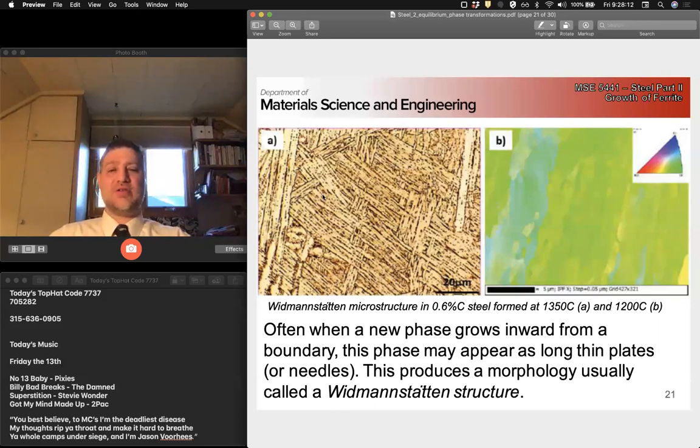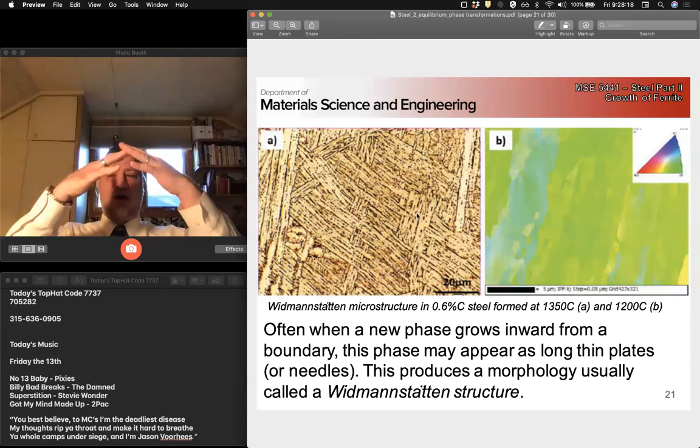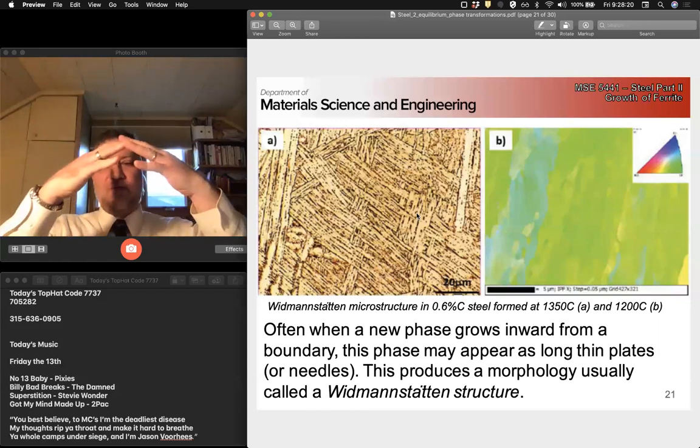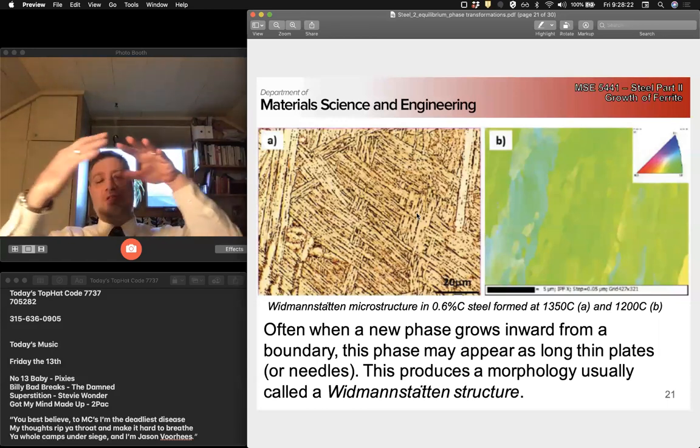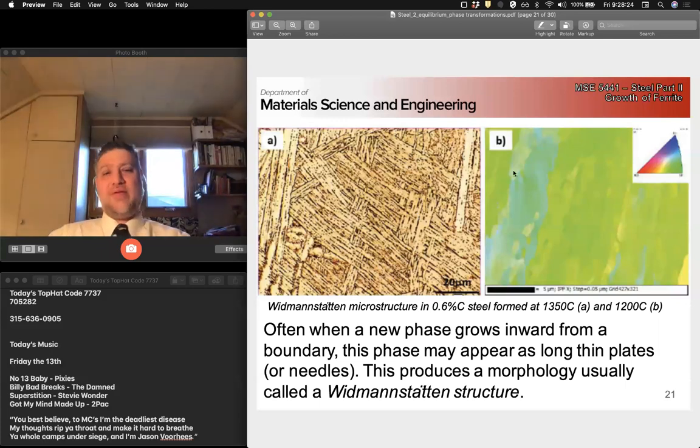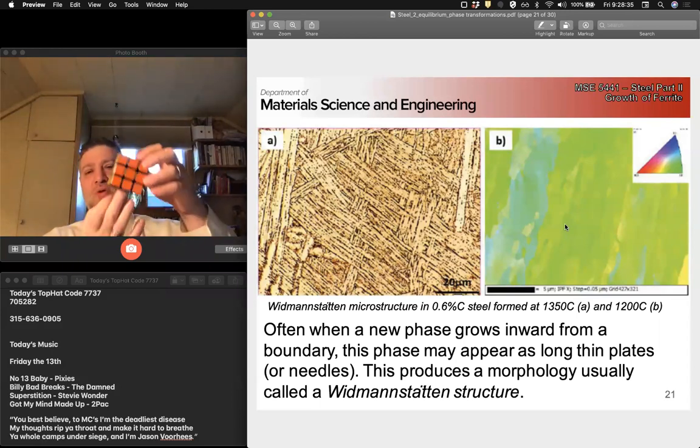So this is very close actually to a single crystal, even though it doesn't look like it. It's just fingers of ferrite that are growing from different directions that have similar orientations. In fact, when I said single crystals, that's not quite correct.